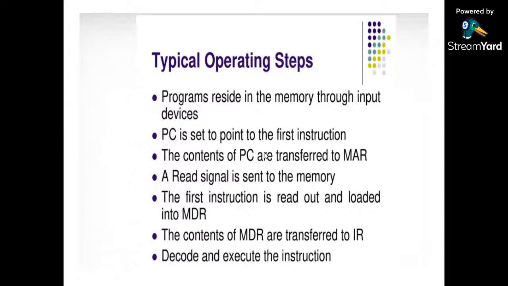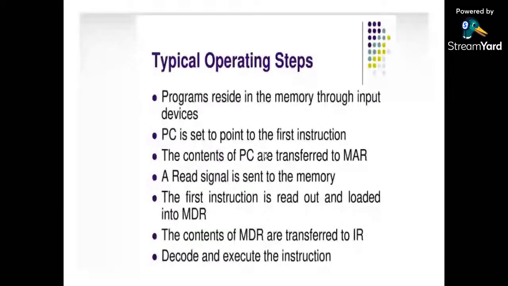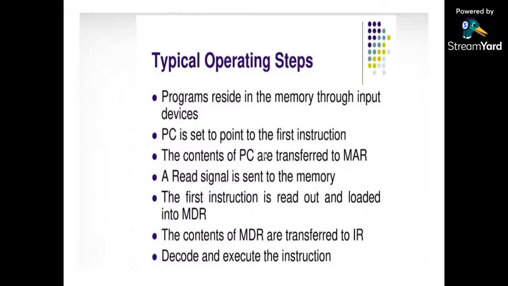Decoding means every instruction consists of two parts: opcode and operand. The opcode specifies the operation that needs to be executed, and the operand specifies on which values this operation will be carried out.